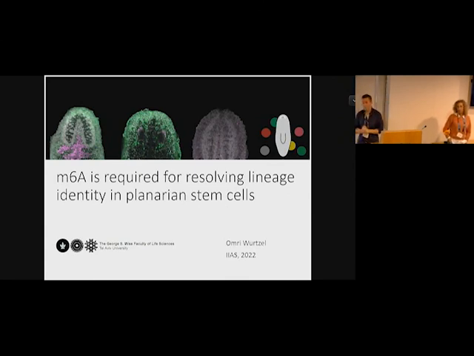Excuse my ignorance, I don't know very much about planarians. When they develop, do they also have different stages of the embryo? Yes, they do. They develop inside egg capsules, and we have good staging of the different events of development. There is a stage called S6, where neoblasts first appear.